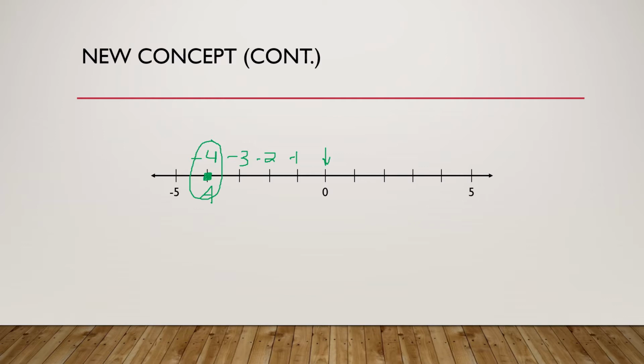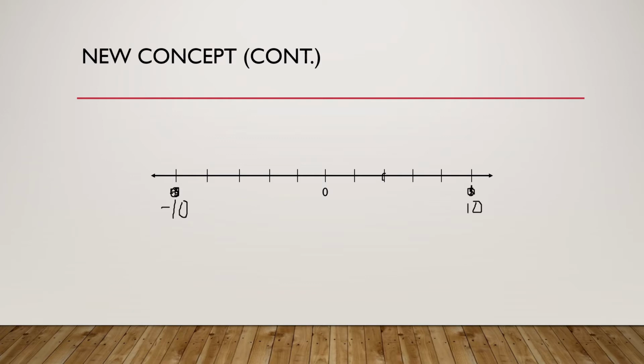So using a number line is not super difficult. You just have to make sure you know what we're counting by on the number line, because, for example, sometimes they might give you a number line and instead of this being -5, it might be -10, and then this could be 10.